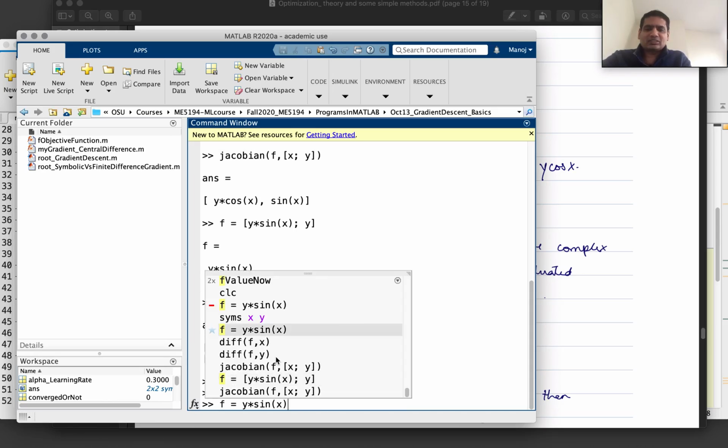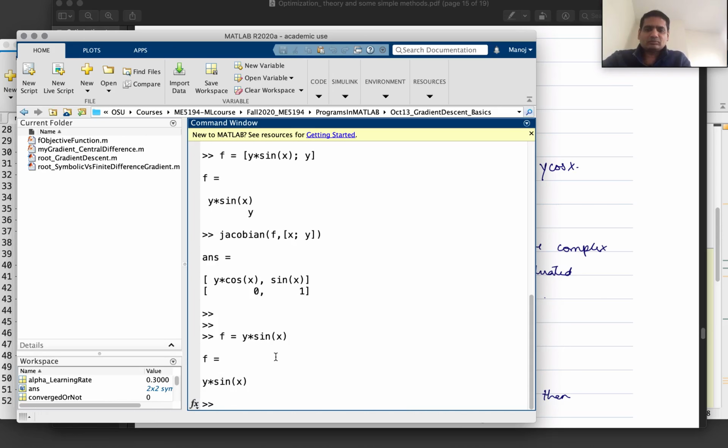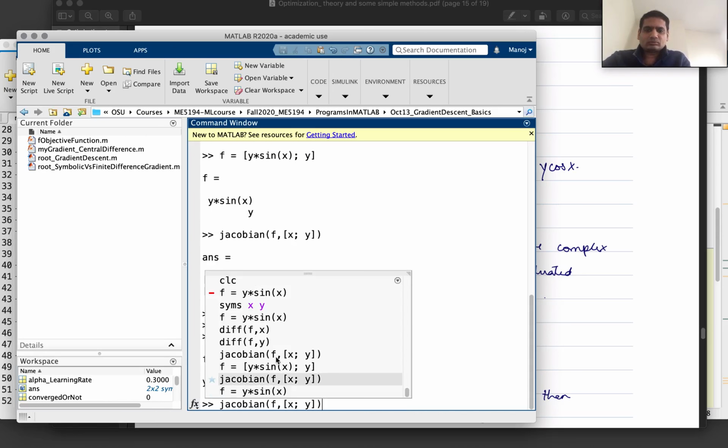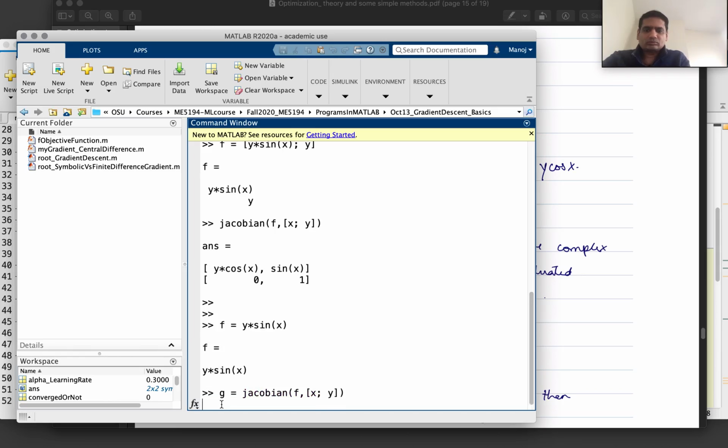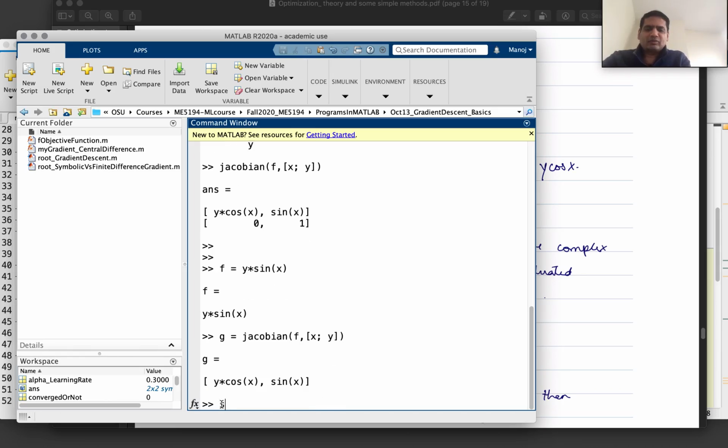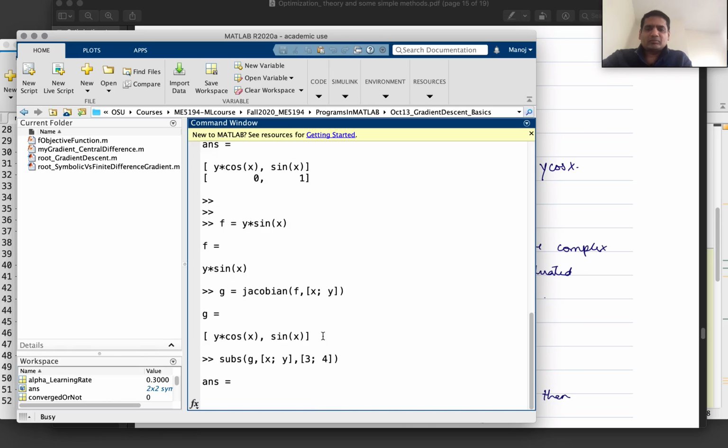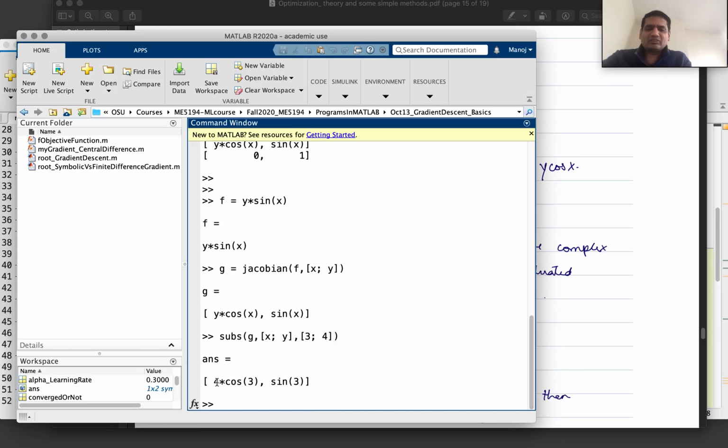So we can go back to what f is. And then if you wanted to evaluate the value of the gradient at some point, we can do the following thing. We can say substitute g x comma y, say at some point 3 comma 4, and we will get a numerical value. Now the numerical value is expressed in this sort of analytical looking way. Instead of writing just a floating point number, it's written in this manner.